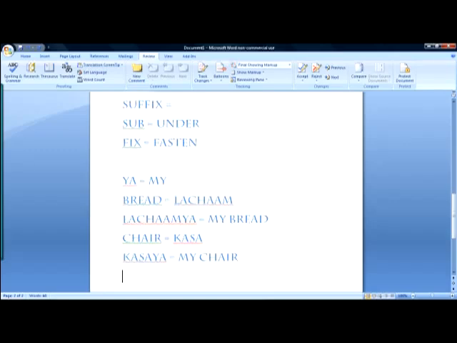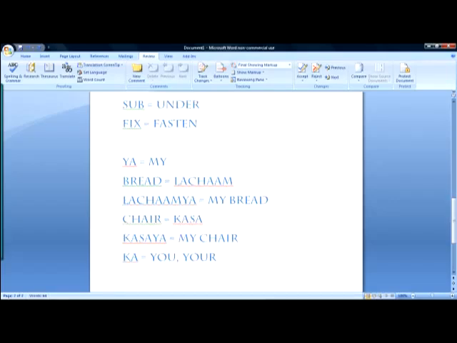The next one we're going to deal with is the suffix ka. The ka at the end of a word means you or your. I'm going to use the same examples. The word for your bread would be lacham ka, which literally means your bread.